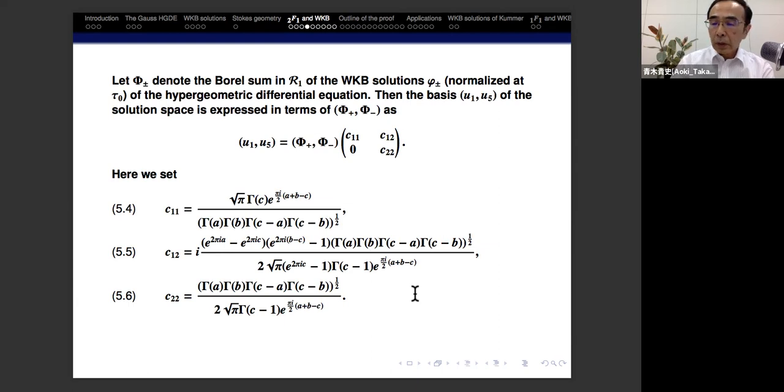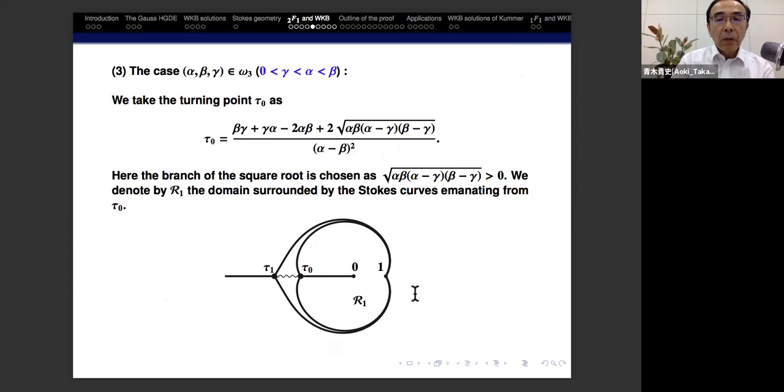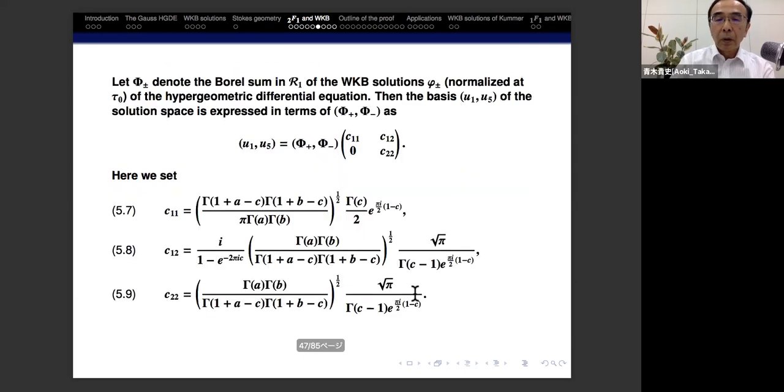And the third case, similarly, and the fourth case.